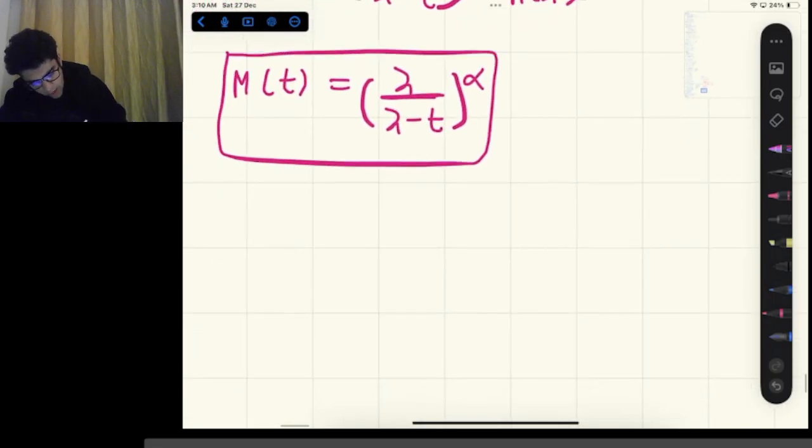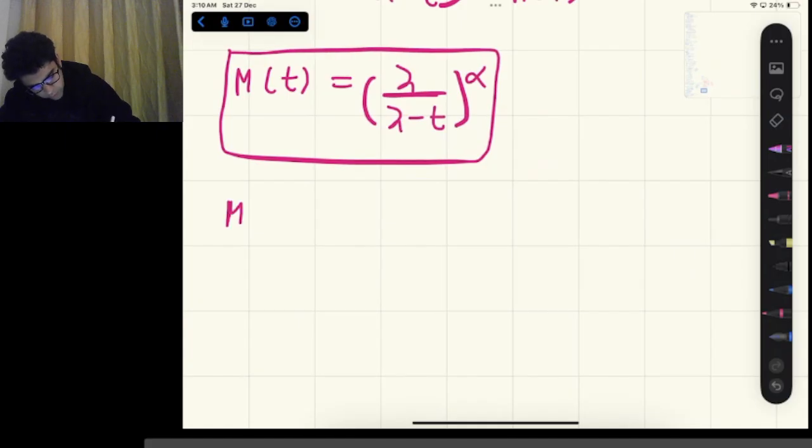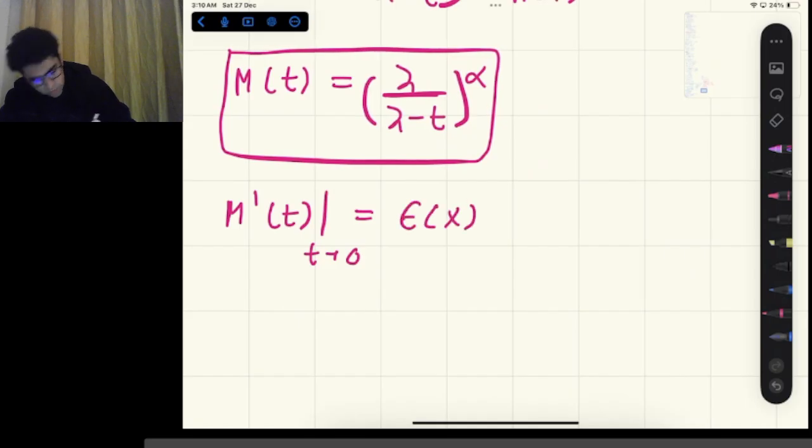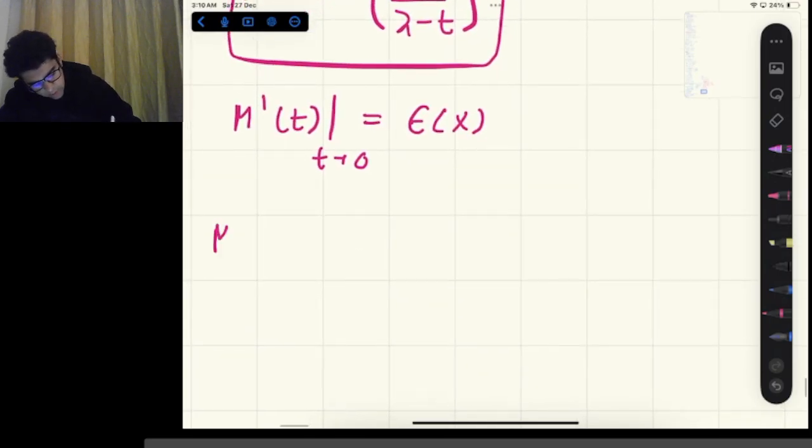Now we know that if I take the first derivative, M dash t, and put t tending to 0 here, I'll get the expected value. If I find the second derivative and take t tending to 0, I'll get E of X square.